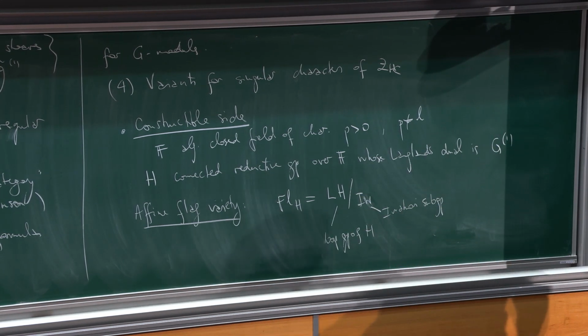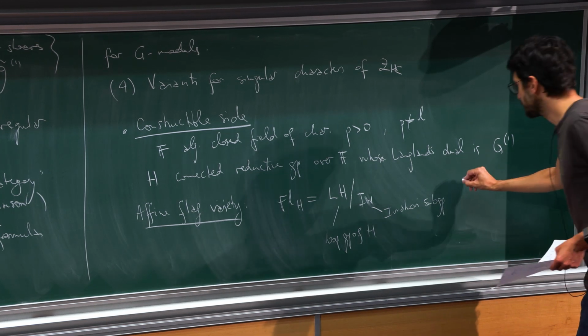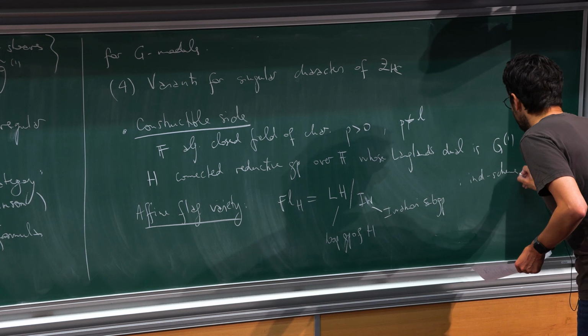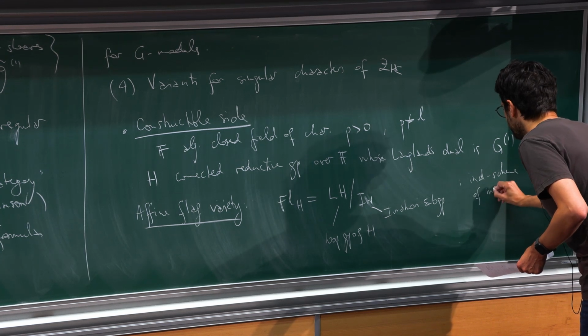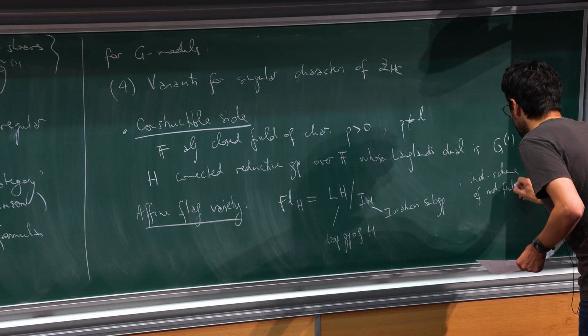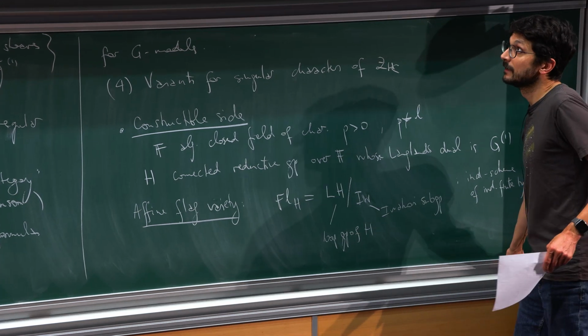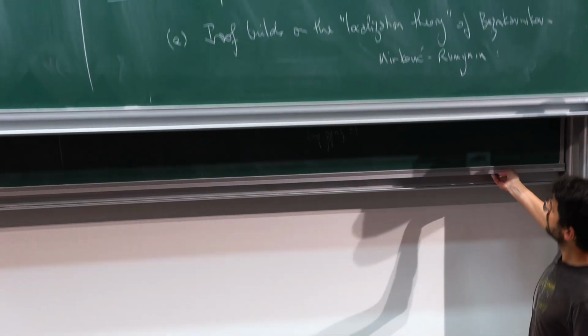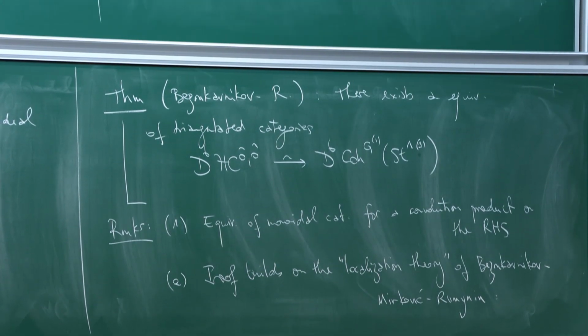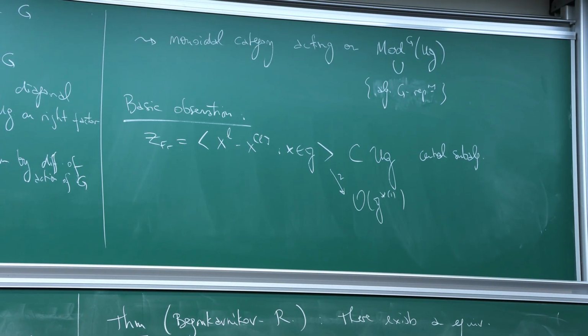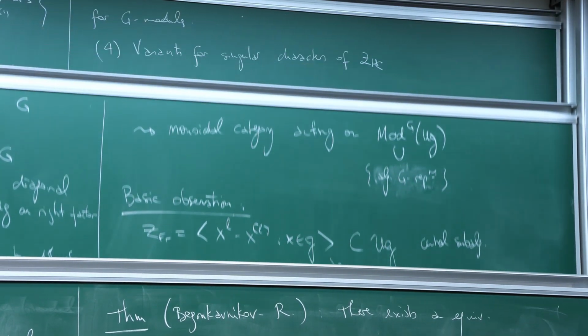And when I take the quotient, I get some ind-scheme, which is of infinite type. So this is something which is not of finite type, but over which one can still study categories of étale sheaves without any particular difficulty.